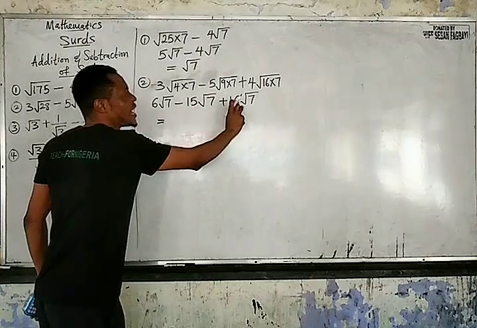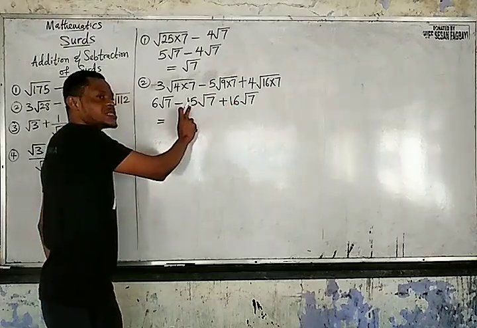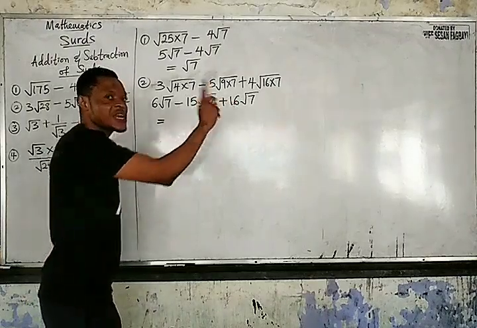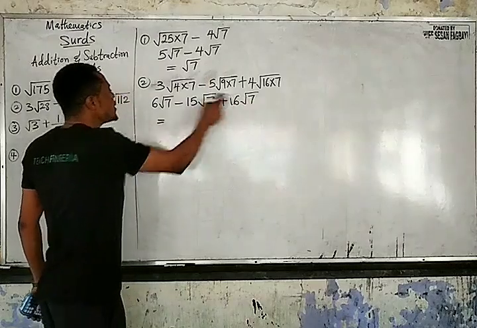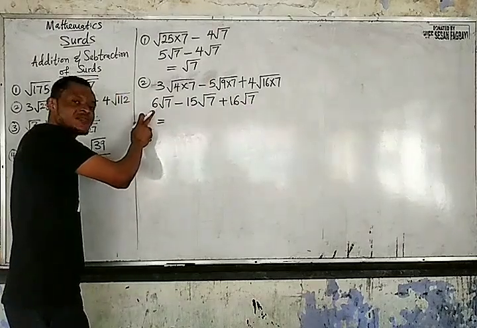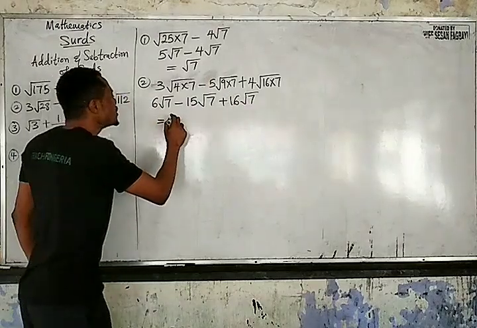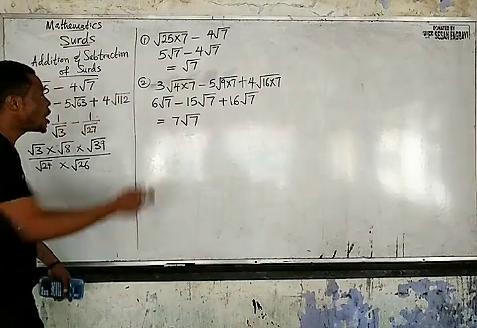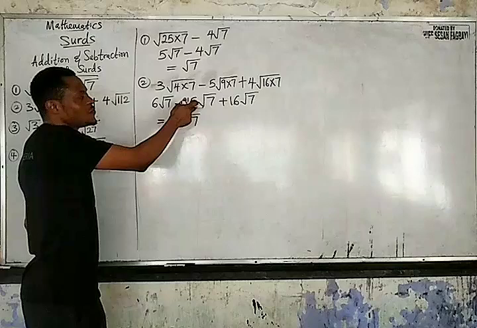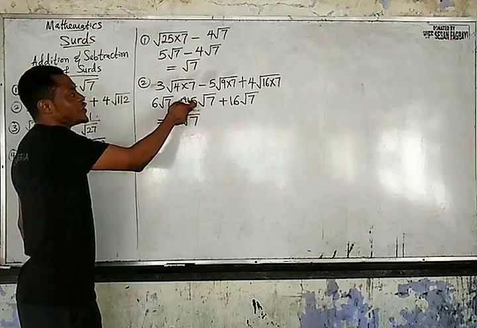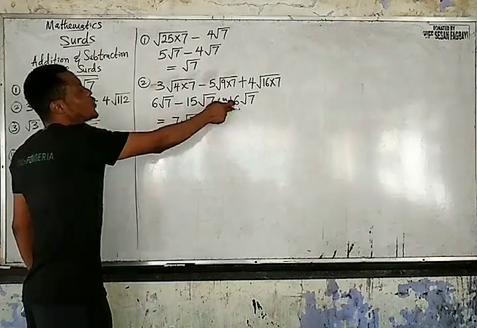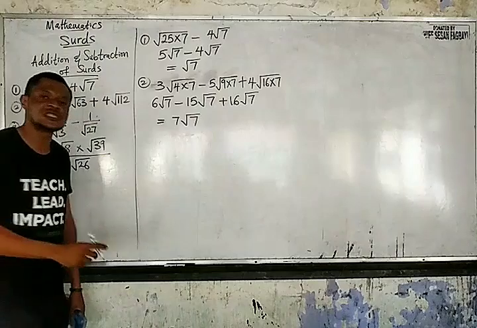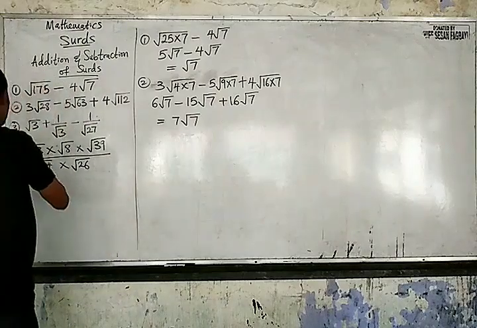I'm owing 15, I have 16, I have a root 7. So a root 7 along with the 6 root 7 I have here is going to give me 7 root 7, or 6 minus 15, you have minus 9, and minus 9 plus 16, you are left with 7.